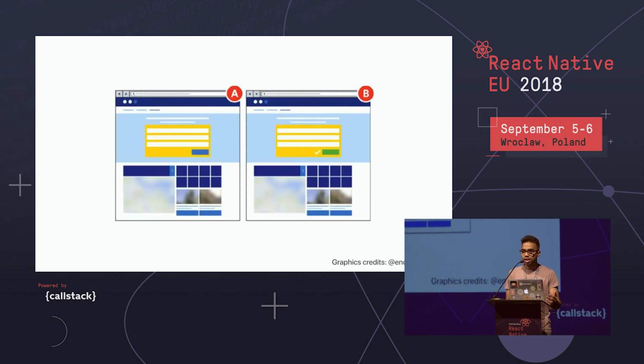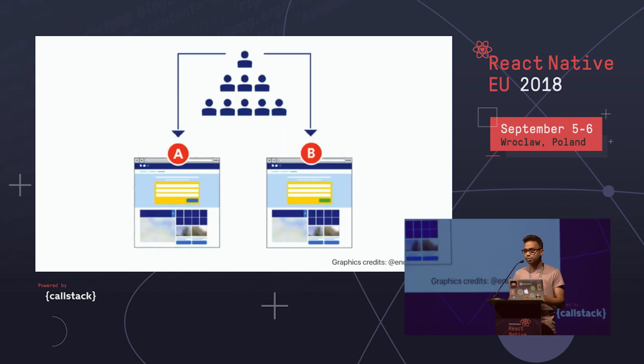A small example: let's say you have two versions of your homepage, A and B, where, as you can see, it's just the button which is changing. You're going to divide your users into two groups and show them the two versions. After a while, you run this experiment, it could be for 1 week, for 2 weeks, based on how many users you have.